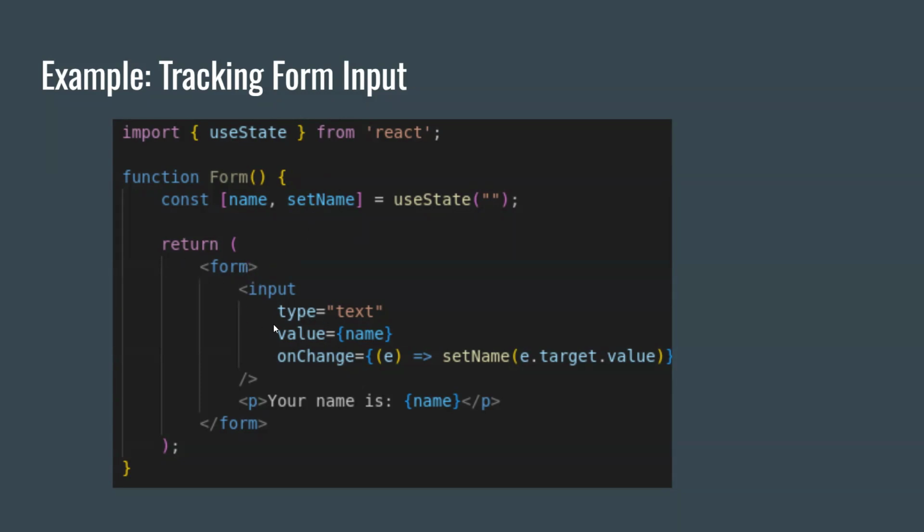Upon change in the input, it's going to change the state variable's value. Therefore, it's going to trigger a re-render, and this paragraph will be updated to reflect the new name value.